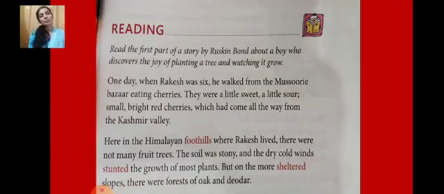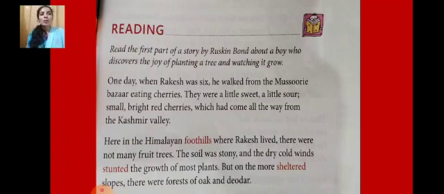Okay, let's see. So now comes the reading part. Read the first part of a story by Ruskin Bond. Ruskin Bond is the author of this beautiful story, and he is the nature poet, who has written many poems and many prose on nature, on environment.